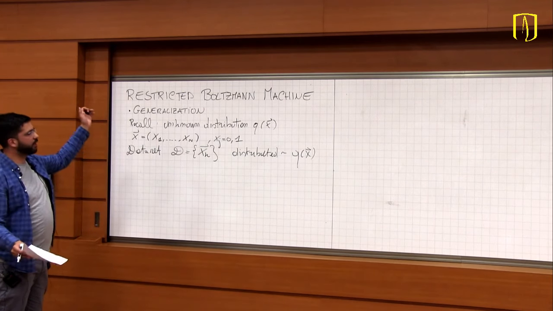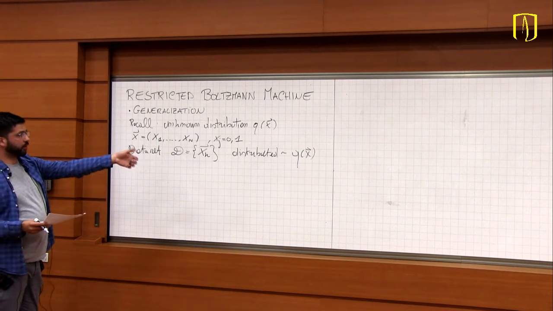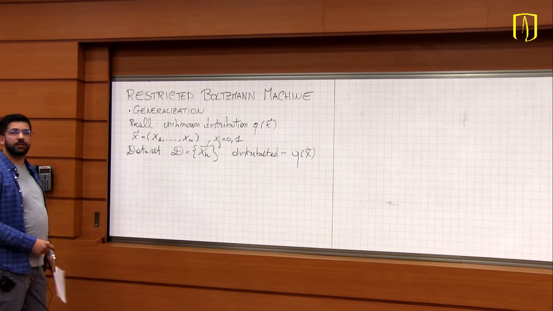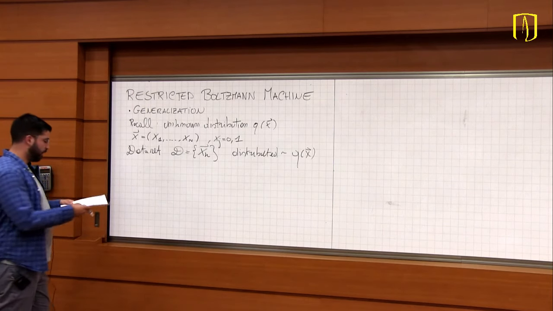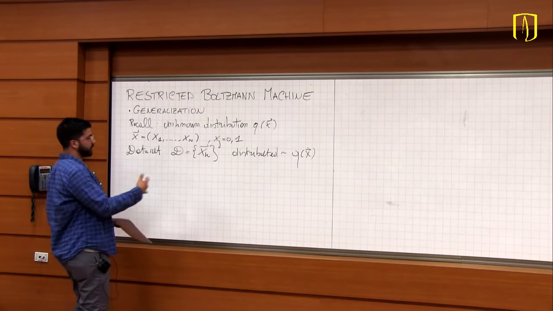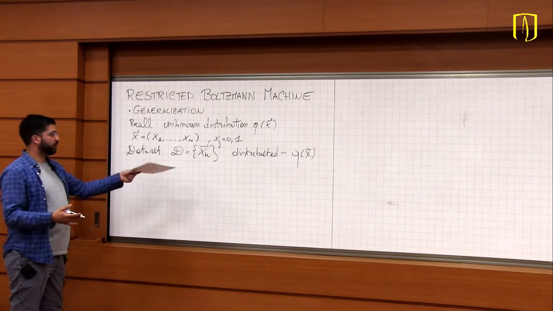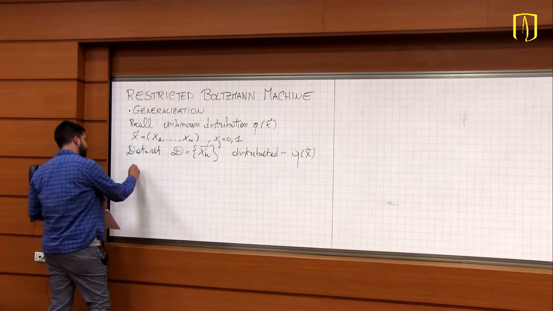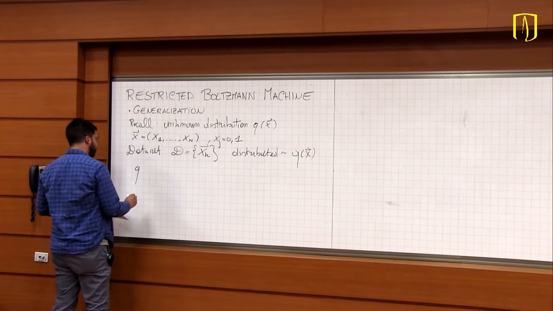Okay, so we have all this data, and we know this is distributed according to this distribution. The simplest thing that we can do is use the frequency distribution, which is essentially inverting the counts in your data set. We've seen this on Monday too.